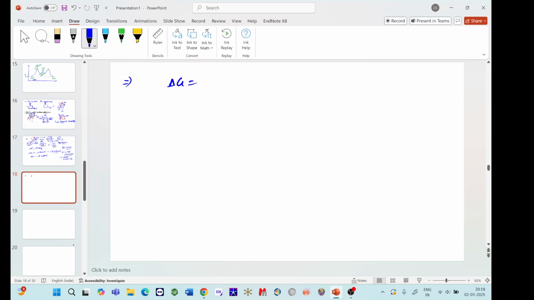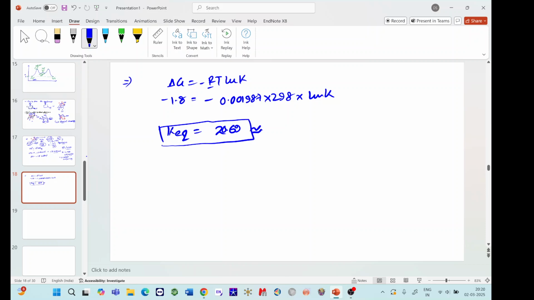So delta G equals minus RT ln K. Delta G is minus 1.8, then you have minus R, which is 0.001987 as far as I remember, then temperature is 298 into ln K. Now if you calculate it, you will get the equilibrium constant as 20.69, and as I told you, this relates to the product and reactant ratio.